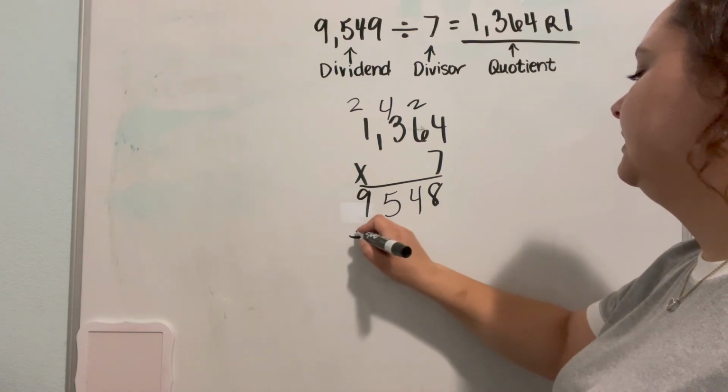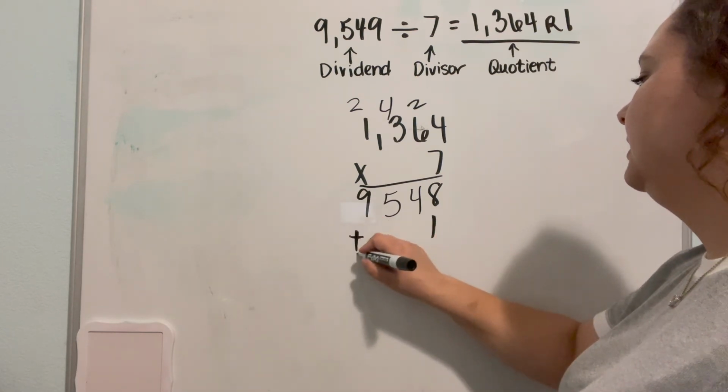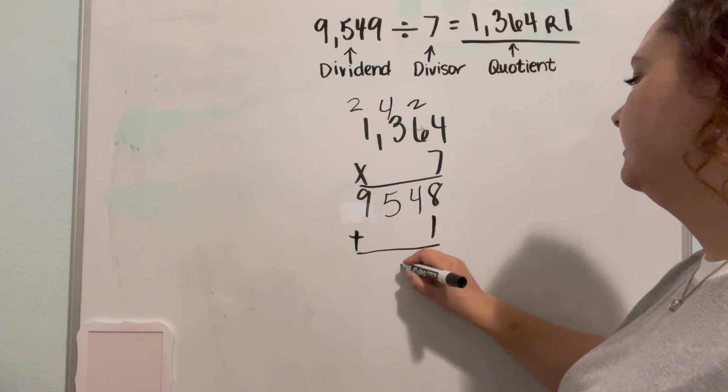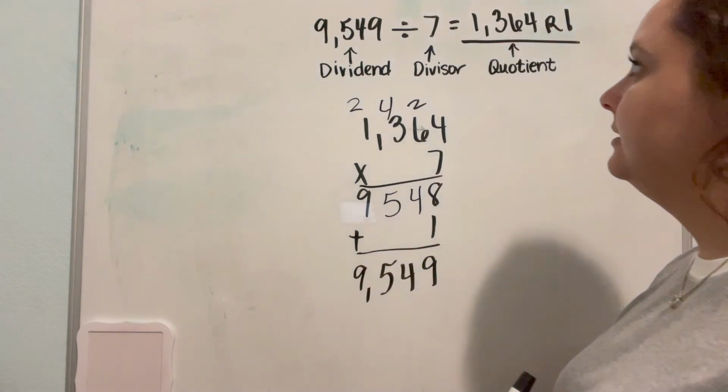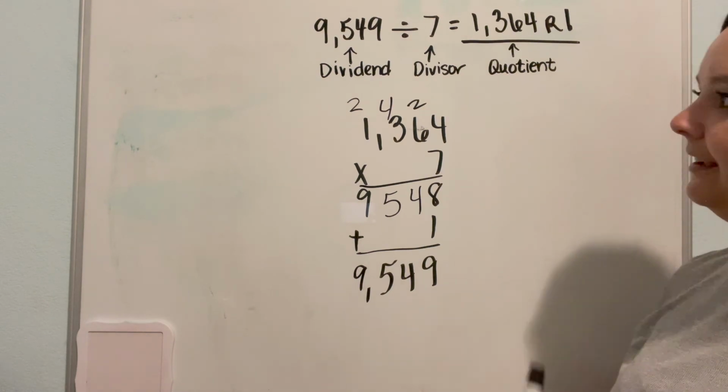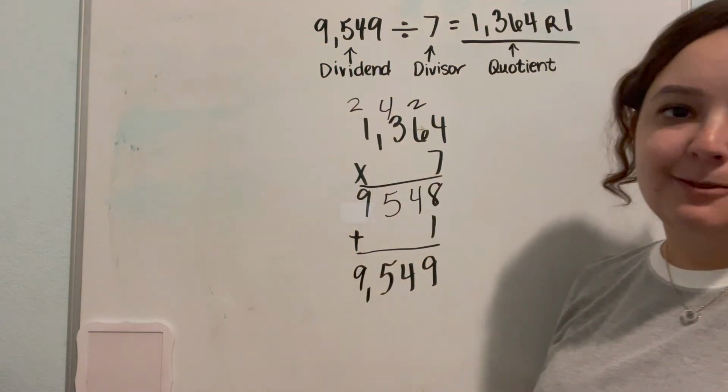And now I need to add my remainder of 1, which will give me 9,549. And heck yeah, that's my original dividend.